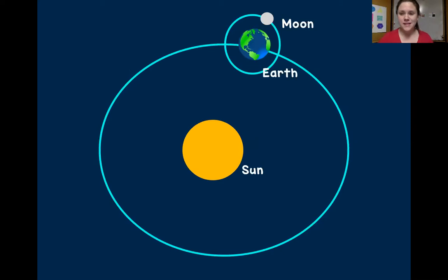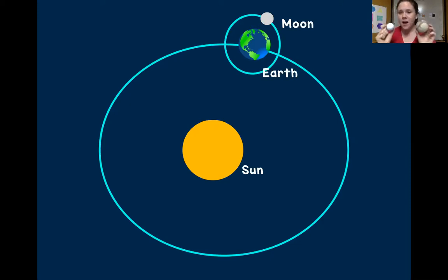Now, what else do we see in the sky? What else appears like it moves? The moon. Now, as the earth spins around the sun, and as the earth spins, the moon also travels around the earth. So different parts of the day, different days depend on what part of the moon we see, right?